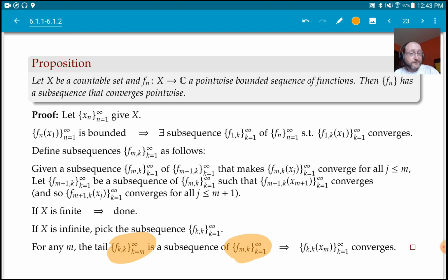So therefore, the f sub kk converges at x sub m because the f sub mk converge there, and we can ignore the first m elements. It doesn't really matter for convergence, it's only the tail that matters. So that means that this new subsequence converges at all the x_m, for all m. All right, so that's done.